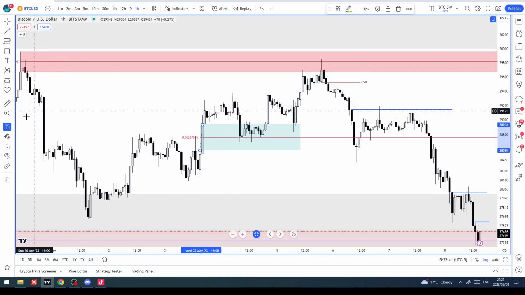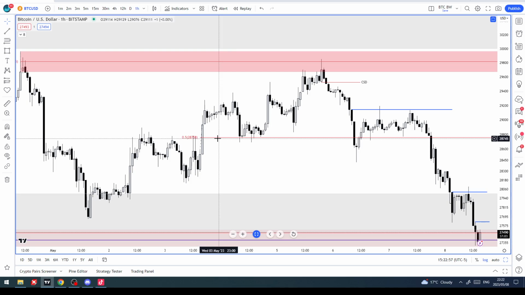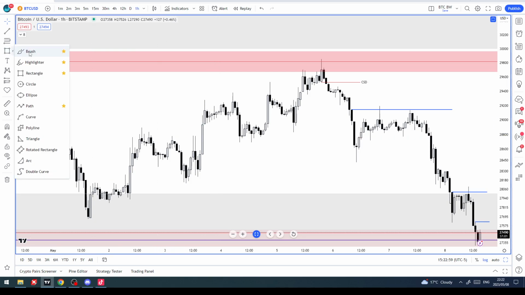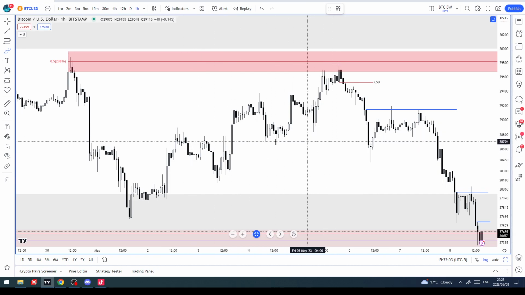On H4 it didn't close. On M15 you had closes below here. But on H4 and H1 there were no closes below, and then you can see what happened. Price moved away. I think on some exchanges it completely filled this fair value gap here and then moved.